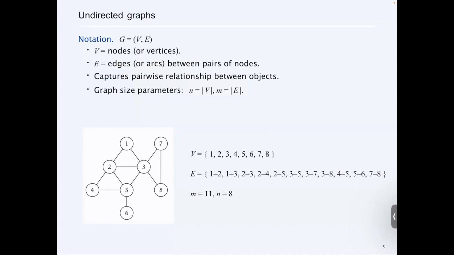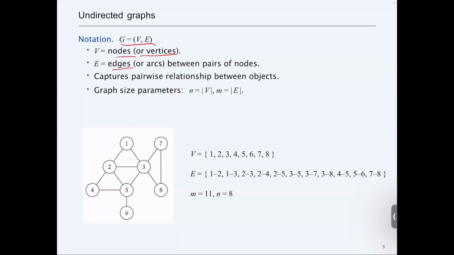All right, so let's start with a formal definition. An undirected graph is written as G equals (V, E), where V is a set of nodes or vertices, and E is a set of edges. The vertices represent objects, and the edges represent relationships between those objects.